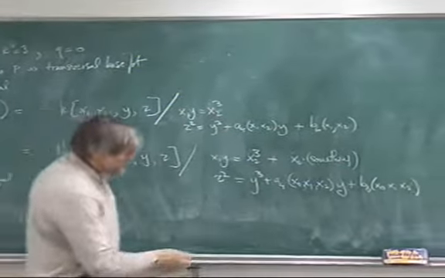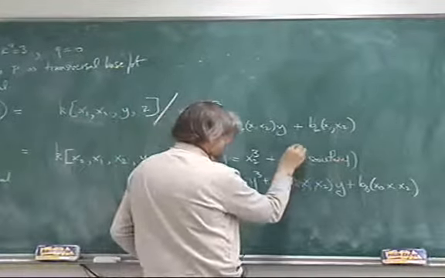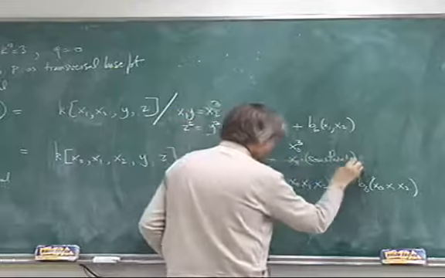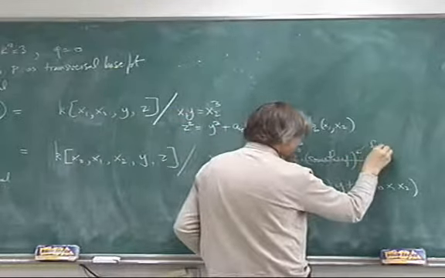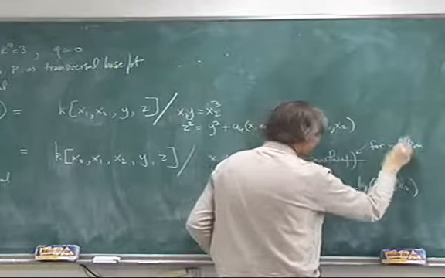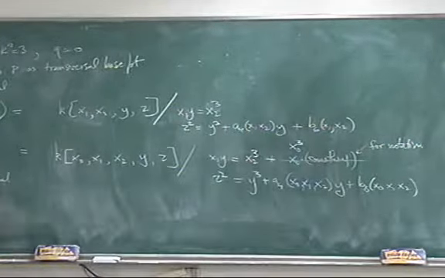So just for simplicity, so that I don't have to keep writing out complicated equations, let me just write x naught cubed here. This is just for notation, to keep the notation simple. It's not of any importance.